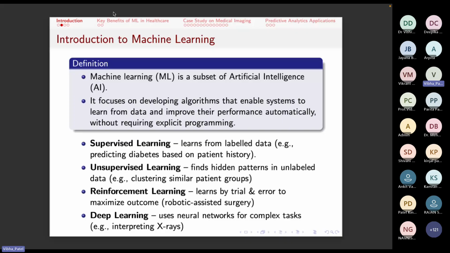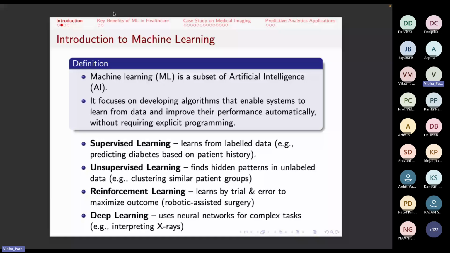If I'm giving a label of this kind to data, it means that I have labeled data, right? So if my machine is learning through such labeled data, then I'm making use of a supervised learning algorithm.